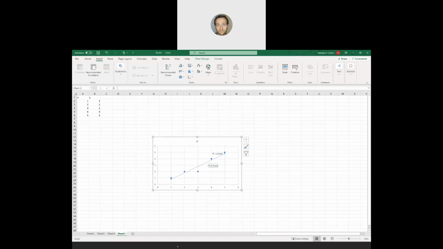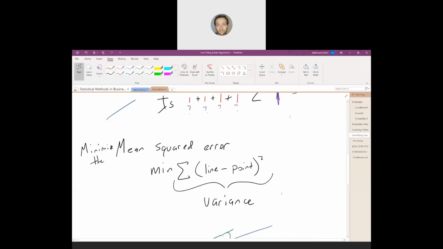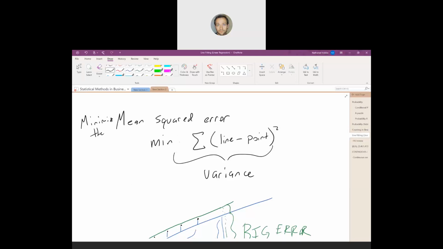Okay. So the error: what does it mean to be the average distance? Well, it's actually divided by the number of points.